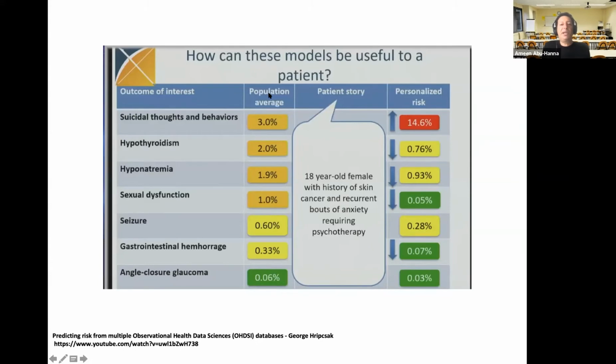Here we have a population average of our outcome, suicidal thoughts and behaviors. Normal is 3%. For this specific patient, the model says it's 14.6, which is very high compared to the population average. The other things are not very different from average. So you can say, I'm now going to intervene on this prediction, and I'm going to offer the patient, for example, a specific therapy.